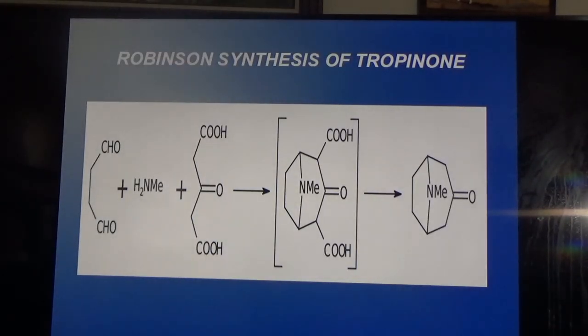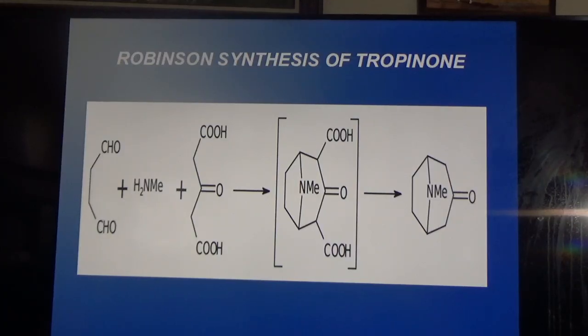Now, several years later, Robinson, the Nobel laureate, came up with a biogenic synthesis of tropinone. He proposed that what is happening in the plant is a kind of enzymatic reaction where succinaldehyde, methylamine and acetoacetic acid can combine to give tropinone ester, which then decarboxylates in situ.